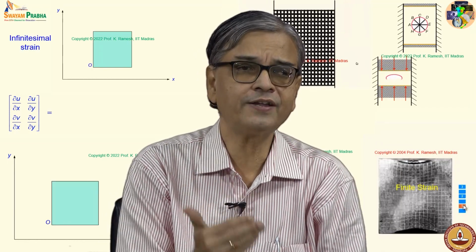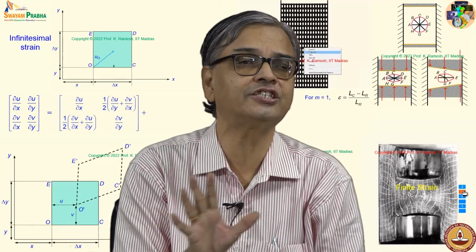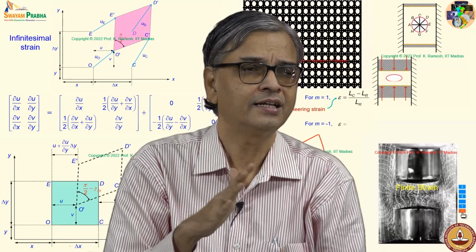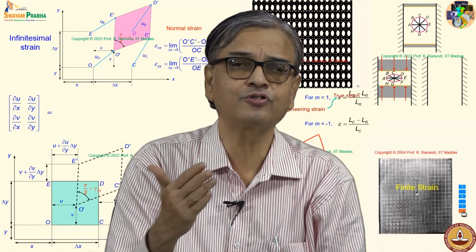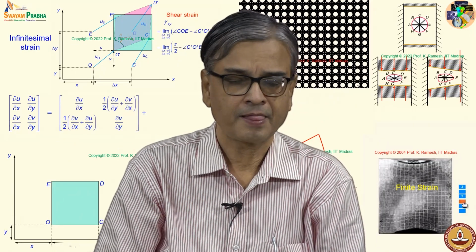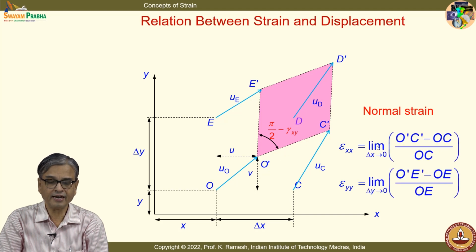And I can also define the strain quantities based on the change in length. If there is a change in length in the x direction, it contributes to epsilon xx. When I have a normal strain, you have a definition of epsilon xx in the limit delta x tends to 0.